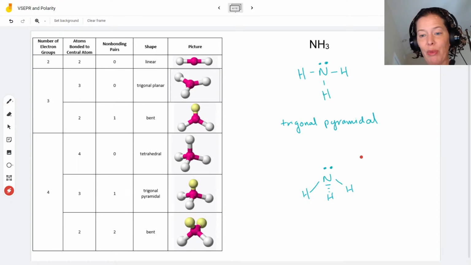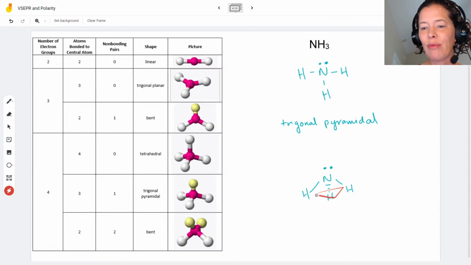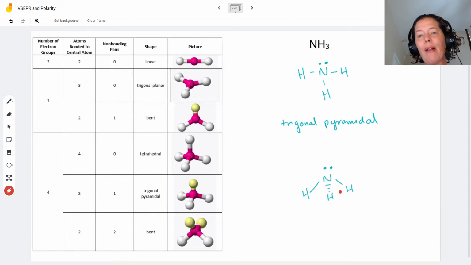And really what you end up creating is this triangle-based pyramid, which is why it's called trigonal pyramidal. So you've got a triangle base down here. So again, this is the non-bonding pair just being a bit of a space hog and taking more space than the bonding pair. Any questions on ammonia? Okay, great. No questions on ammonia.